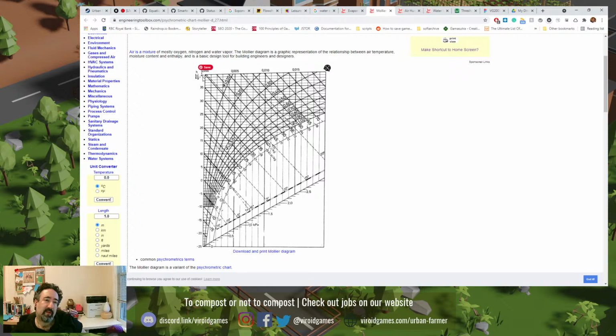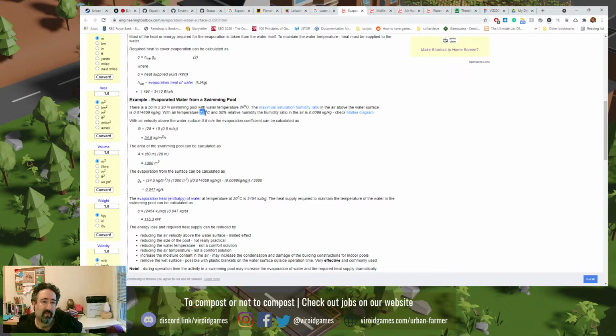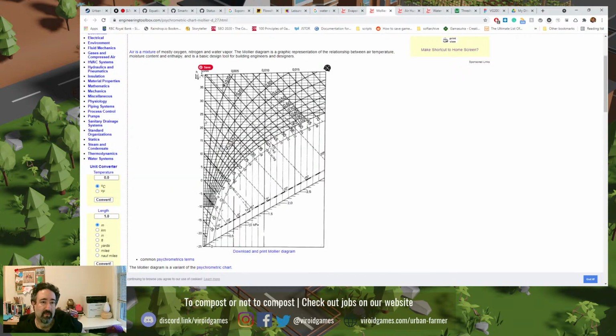On the left side, we have Celsius, 0 degrees, 20 degrees, 25 degrees. The value we like to see is that 25 Celsius, 50% relative, 25.